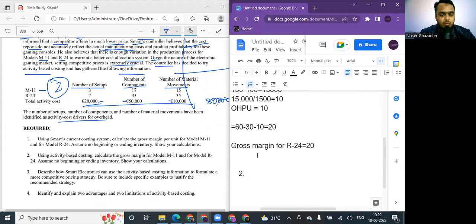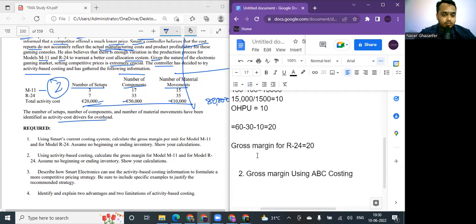Now question number 2, what do I have to do? Gross margin using ABC costing, activity-based costing, activity-based costing analysis, or ABC costing. It's up to you. Actually, the C in ABC is costing only, but still.